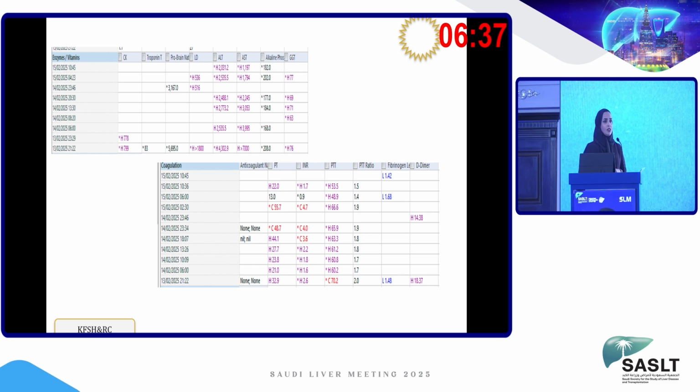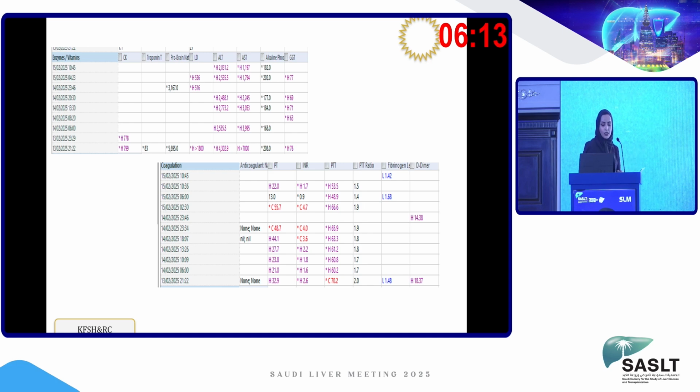At that time, she was referred to us, and if you can see her lab work when she came to us on the 13th of February, she had very high liver enzymes, with AST and ALT of more than 7,000. She also had coagulopathy, with the highest INR reaching 5 in the referring hospital, with low fibrinogen and high D-dimer.